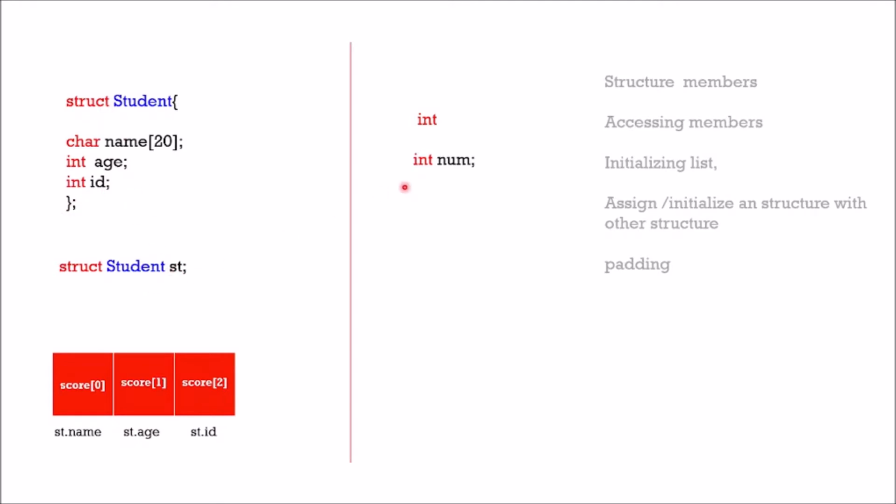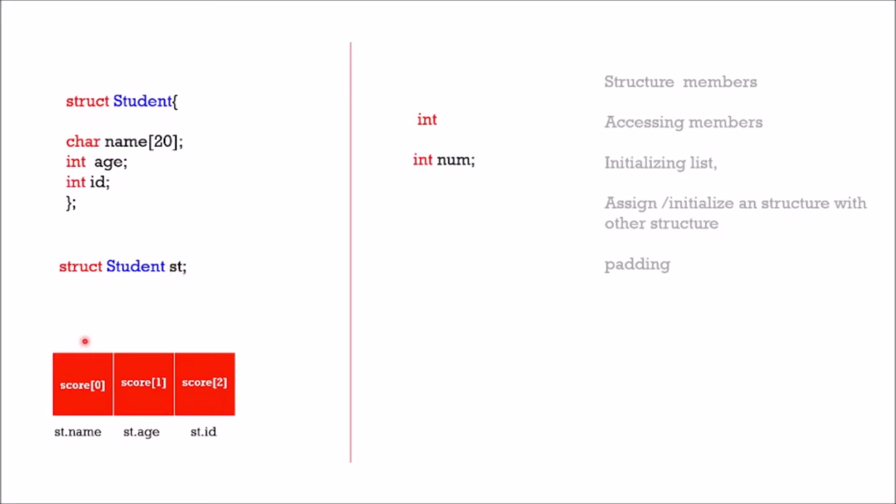Okay, so it's just like doing here. I have the int data type, but whenever I associate a name to that data type, I'm actually creating in memory that variable of type integer in this case.